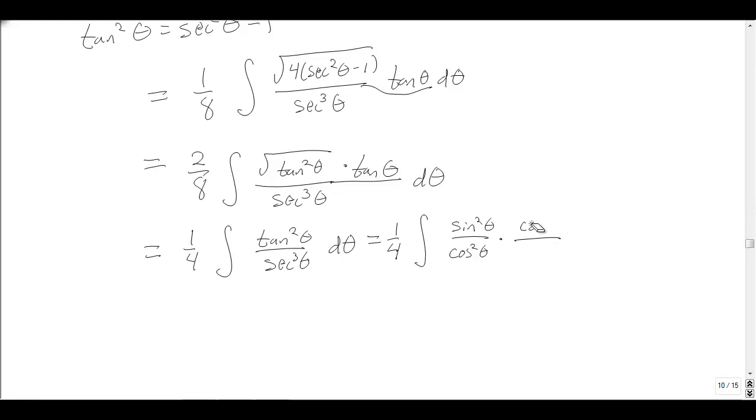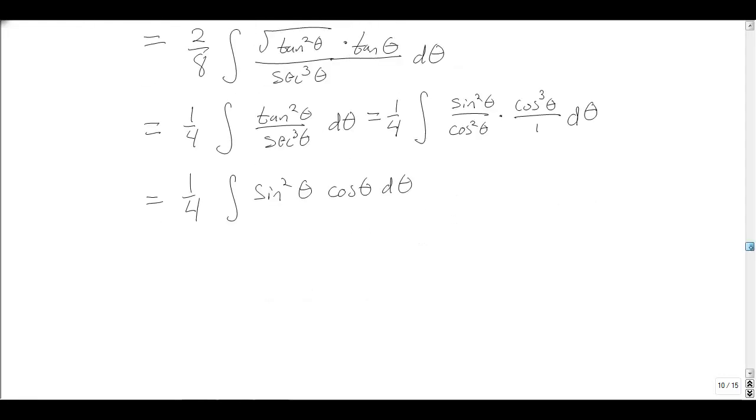Let's write that a little more nicely: cosine cubed theta over 1. So this cosine cubed theta over 1, that's really 1 over secant cubed theta. So what I get is 1/4. See, cosine squared, cosine cubed sort of cancel, and you get sine squared theta times cos theta d theta. Okay, now we're in business.